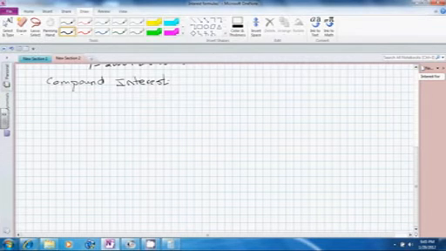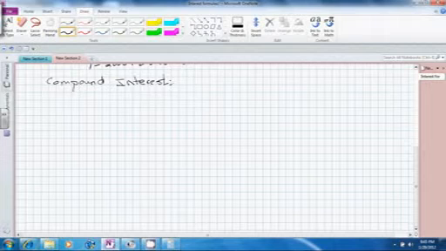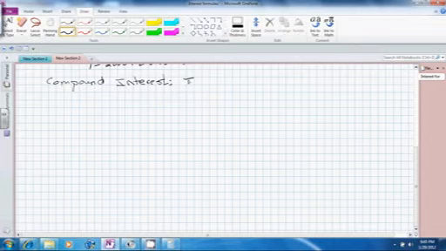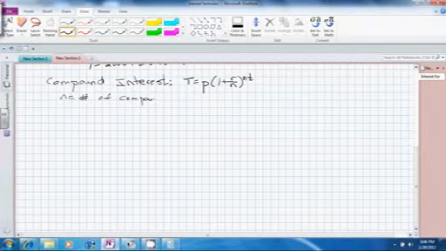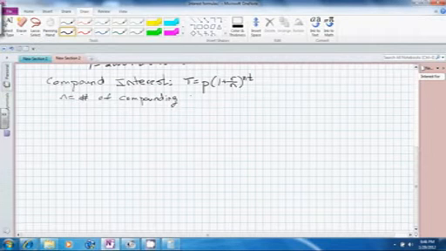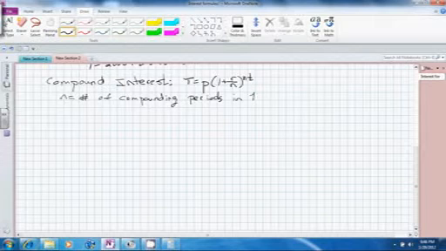There is a formula that they've come up with that calculates it all, and it is your total equal your principal times 1 plus r over n raised to the nt. Now the variables in this equation mean the same thing, except we have a new variable, n. N represents the number of compounding periods in 1 year.